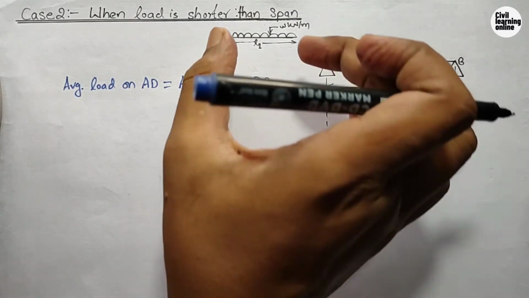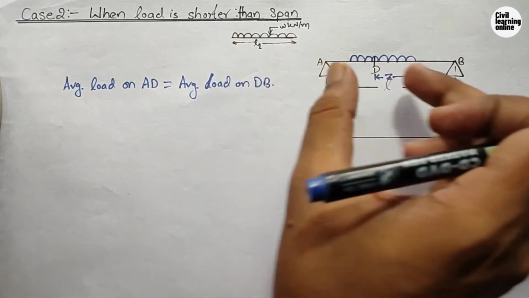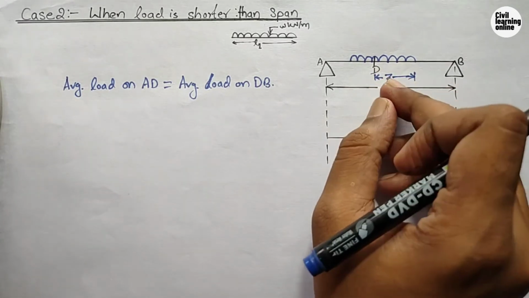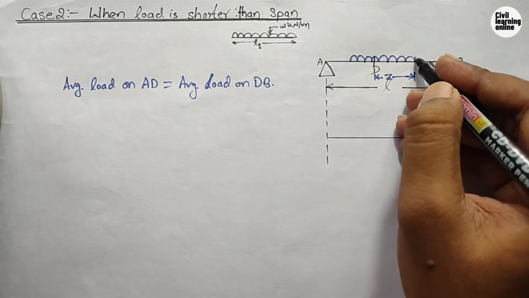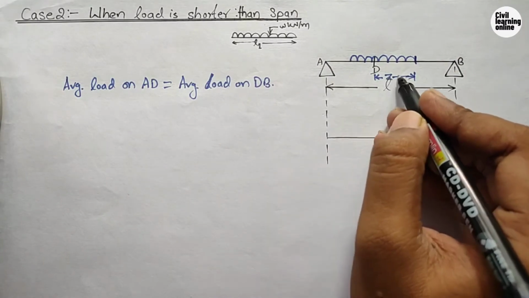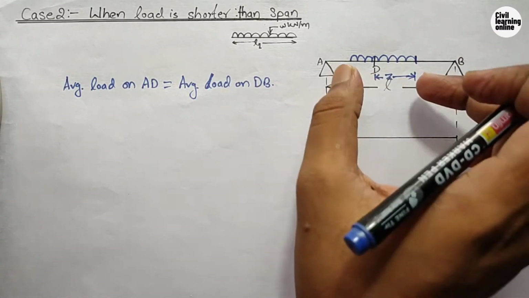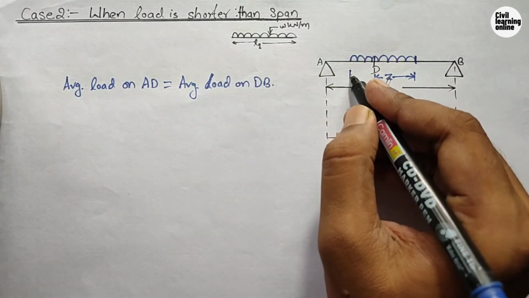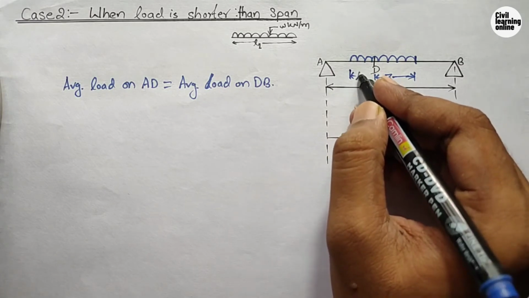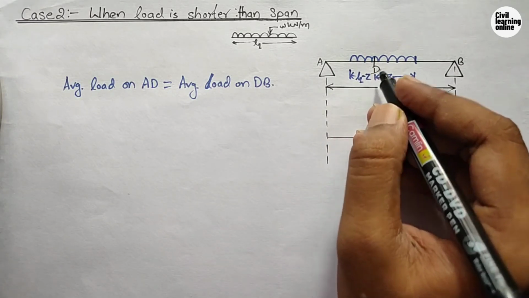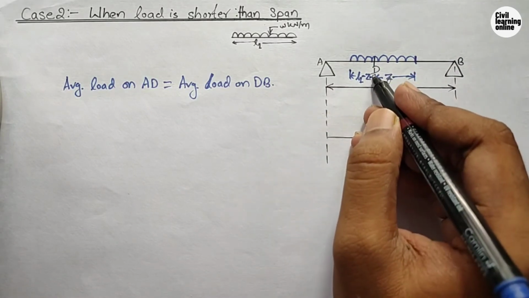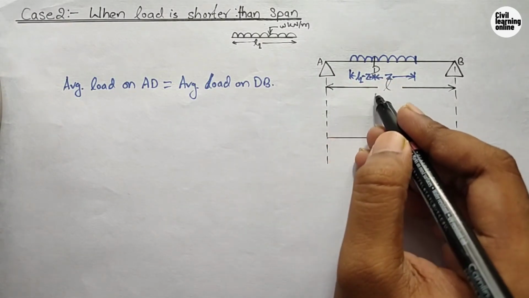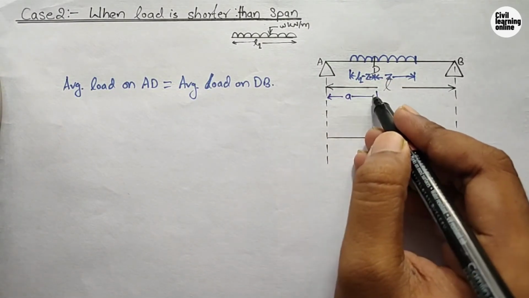What I said, this whole span is L1, and while moving this UDL on this girder, it has crossed the point D, and it is Z distance ahead. The head of this UDL is at Z distance ahead of this point D. Or we can say that out of this whole span Z has crossed, so the remaining span of this UDL on span AD is L1 minus Z. Let us assume that our point D is at distance A from the left support.